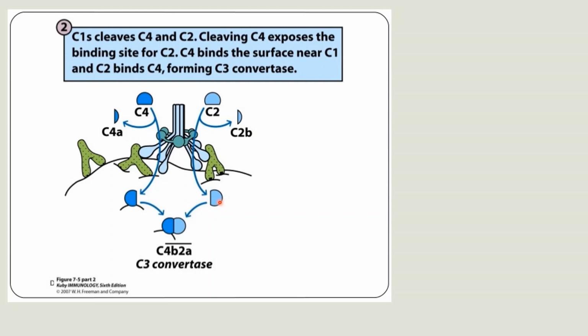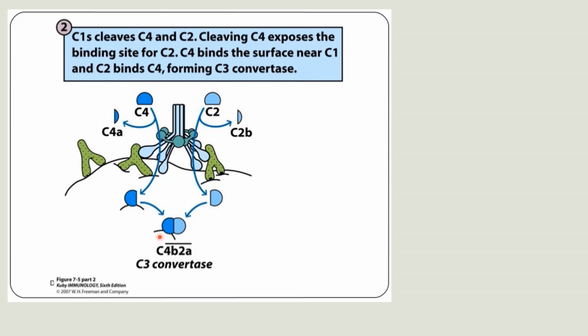In the case of C2, the larger portion is C2a, which is enzymatically active and contains the catalytic domain, and the smaller fragment, C2b, will diffuse away.